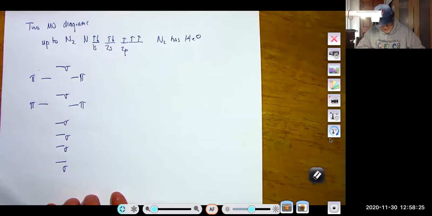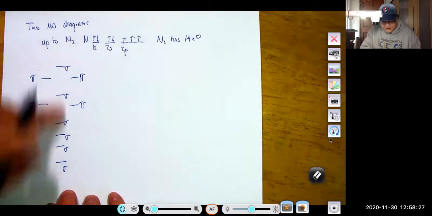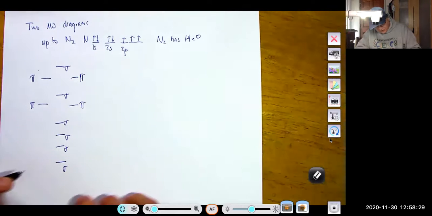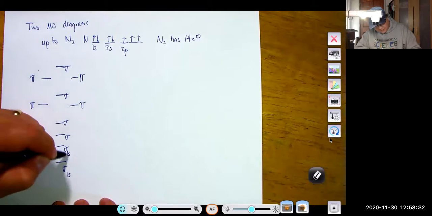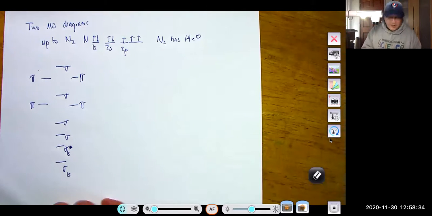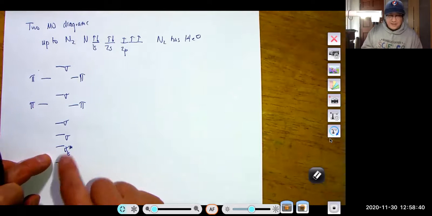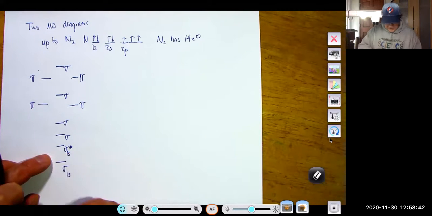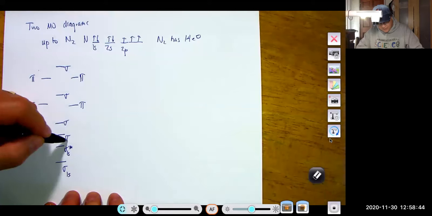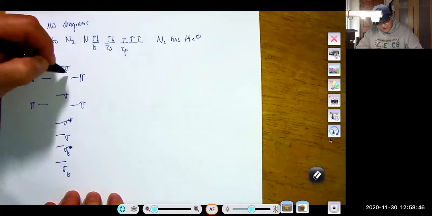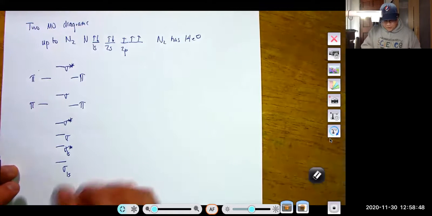Now to label these, you use 1s, 2s, 2p. So you've got a 1s and a 1s star. Do you remember that for 2 AOs you get 2 MOs, 1 bonding, 1 anti-bonding? This is what we do for all the sigmas. These 2 are 1s's.